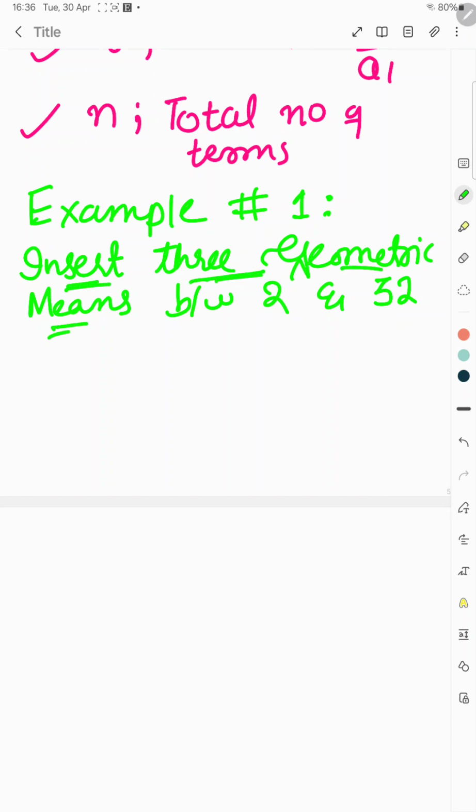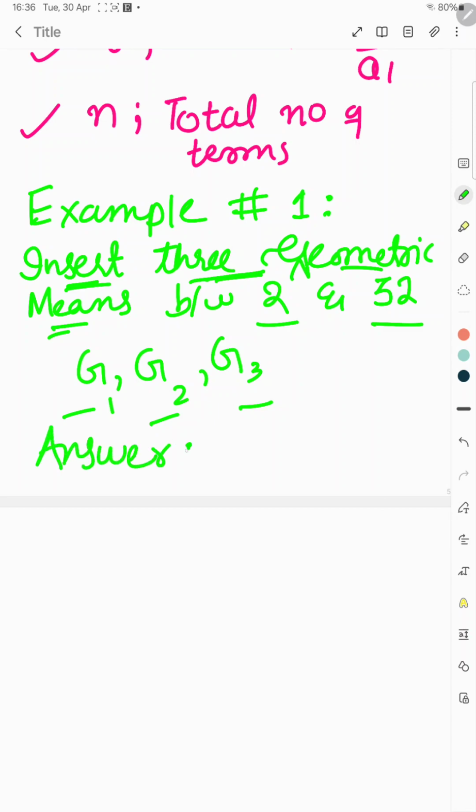So geometric means, it means that capital G1, G2 and G3, we have to insert 3 geometric means between these two numbers. Okay student, so I will start the answer, and whenever you have to start, first of all you will make the sequence.